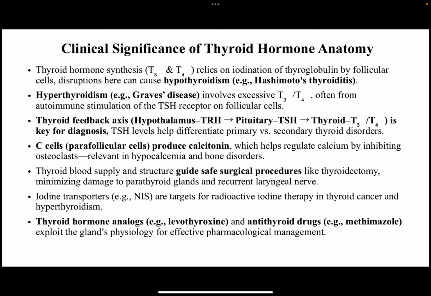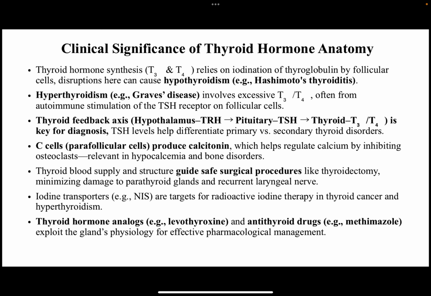Now, in general, let's look at the clinical significance of thyroid hormone synthesis. If you look at the synthesis, it relies on iodination of the thyroglobulin by the follicular cells.